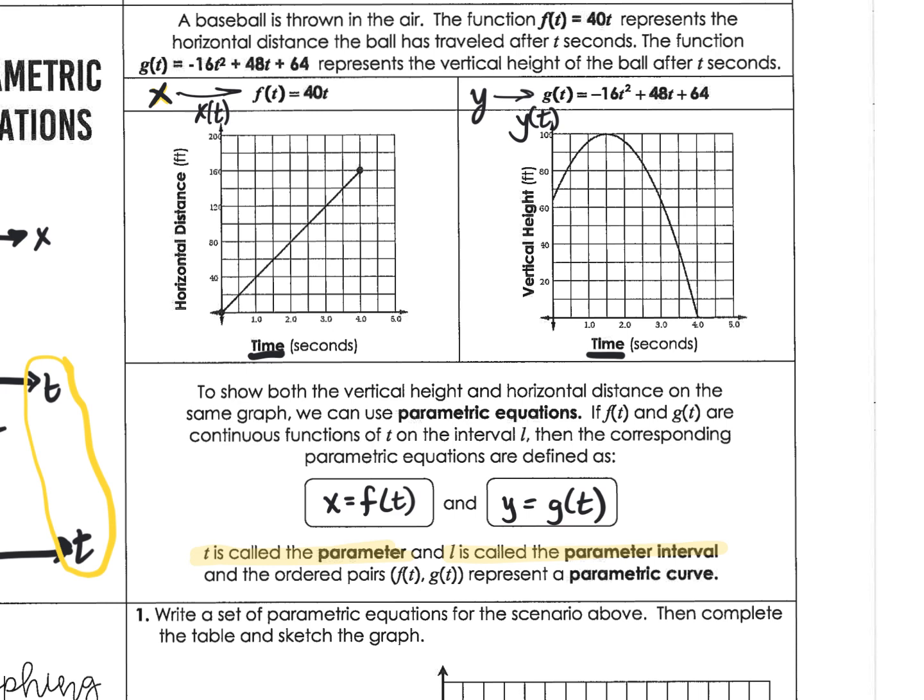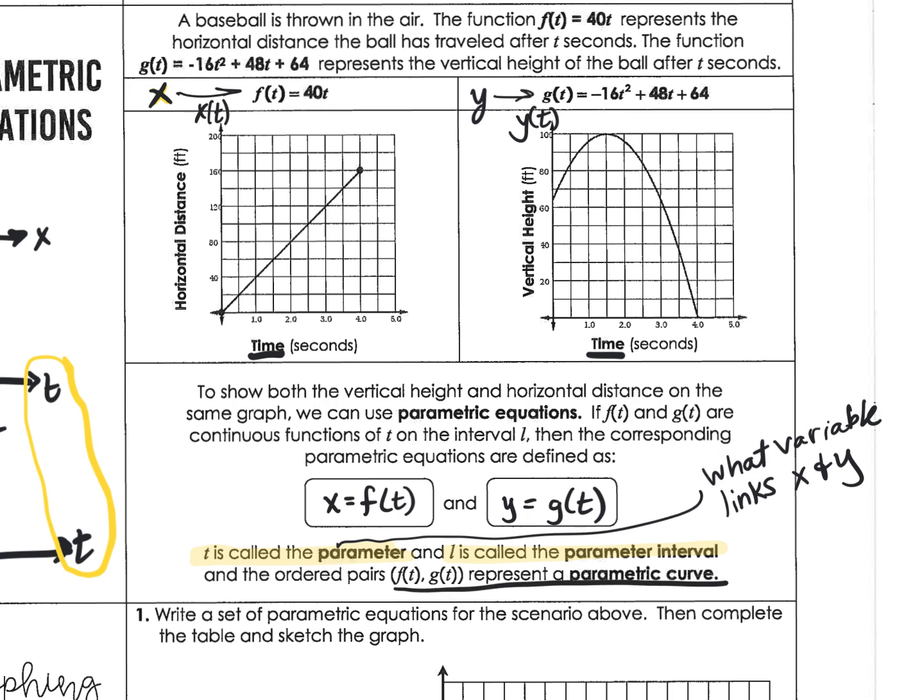So is everybody following this? The parameter is what variable links x and y. The parameter interval is the interval over which we're measuring. And then we get this guy, which is a parametric curve.